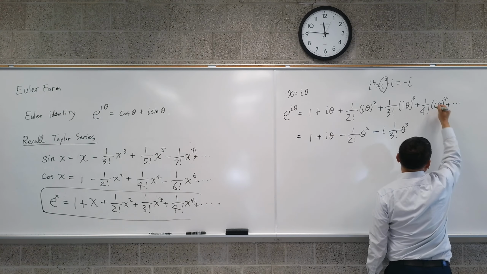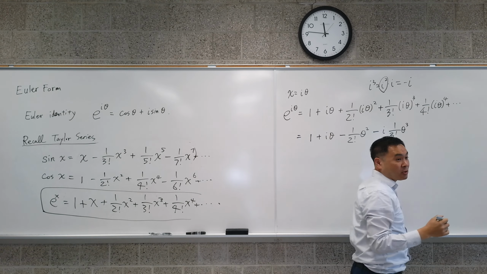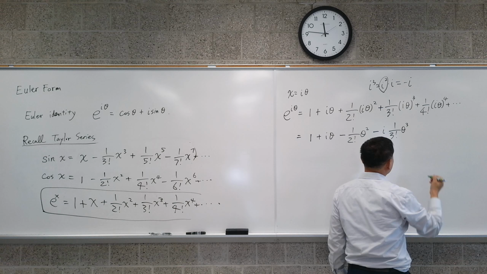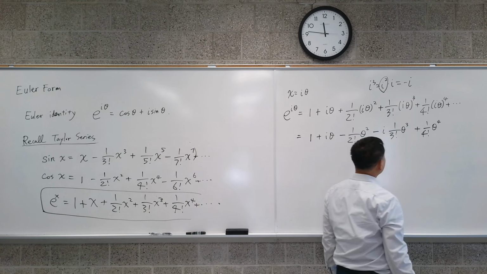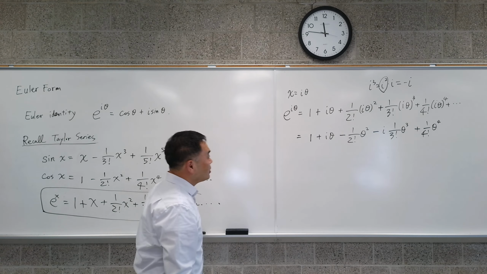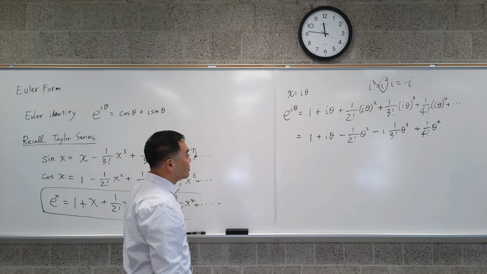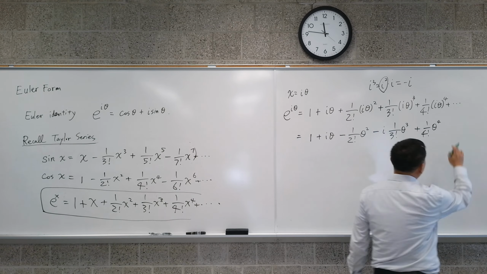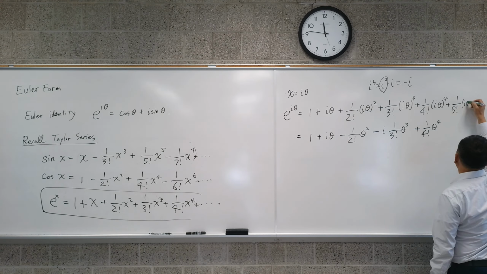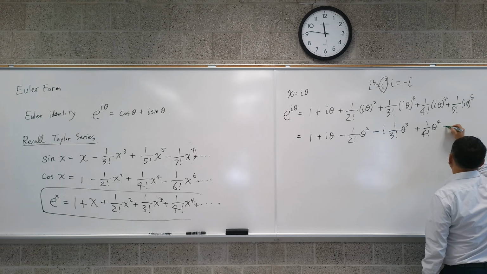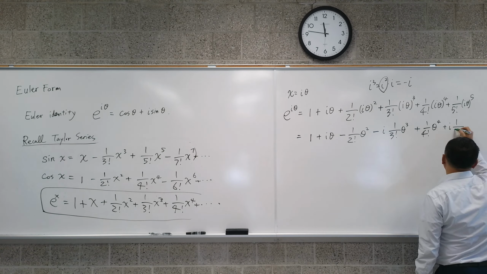And i to the fourth would be i squared times i squared, so that's negative 1 squared, so that's just going to be 1. That's what you're going to get. And yeah, let's just do one more. The one after this would be 1 over 5 factorial (i theta) to the fifth power, and that's going to be plus i times 1 over 5 factorial theta to the fifth power.